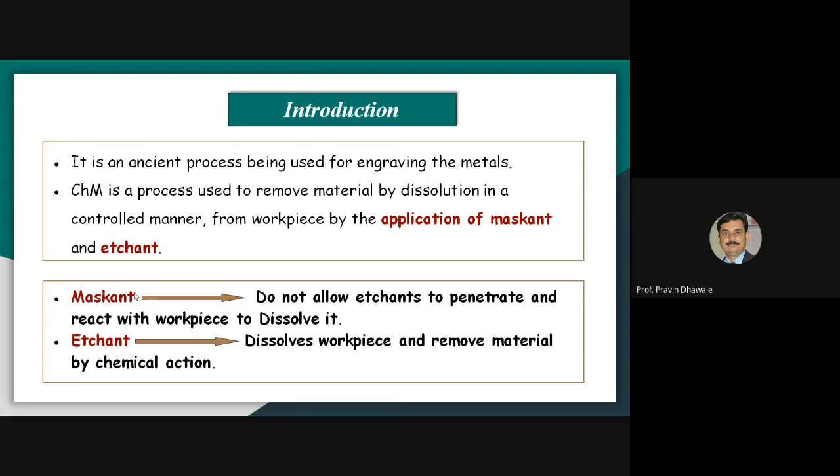Maskant is a kind of insulating material, made from synthetic resin or rubber. It does not allow the etchant, which is an alkaline based solution, to make contact with the workpiece, which is made from metal.